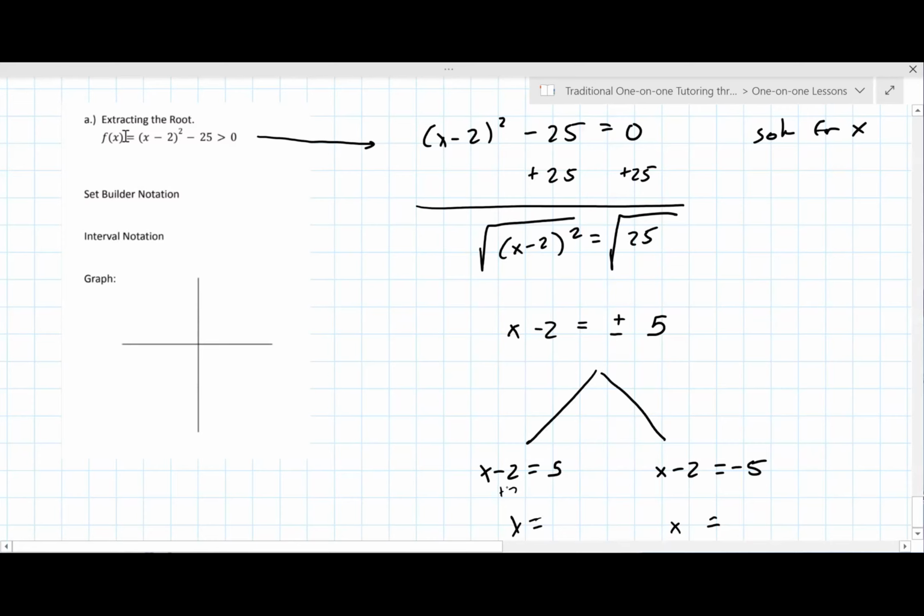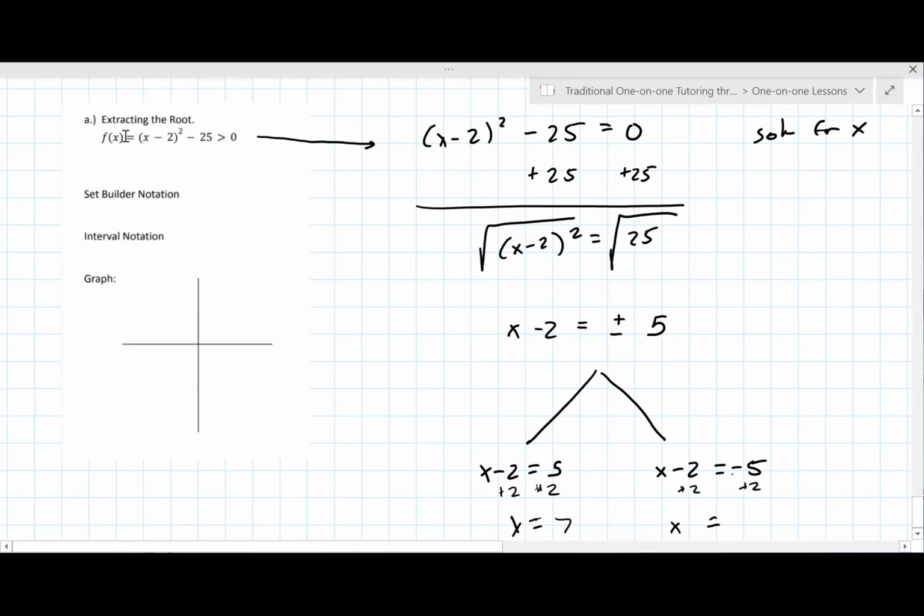You have to add 2 to both sides. Can you give me the value here? 5 plus 2. It's 7.